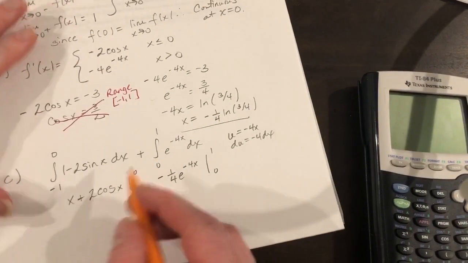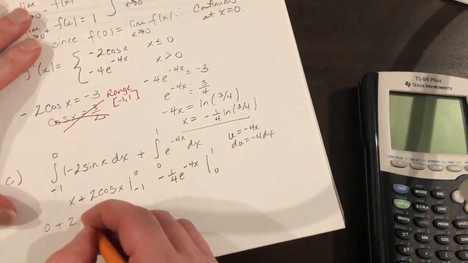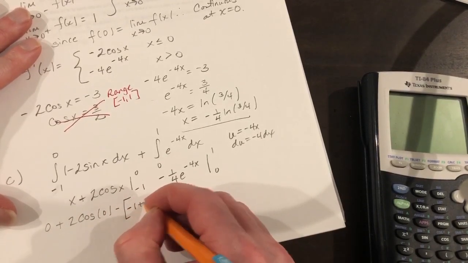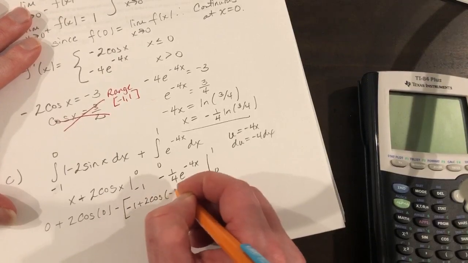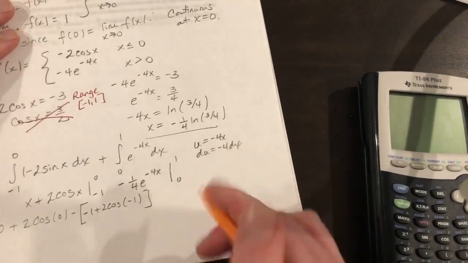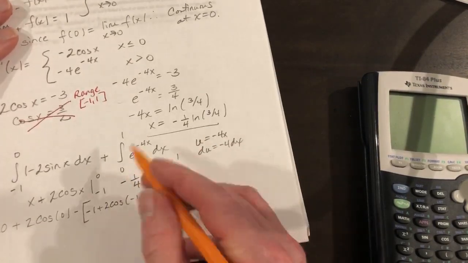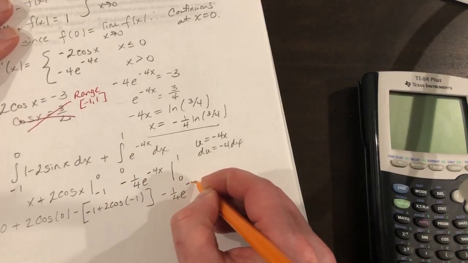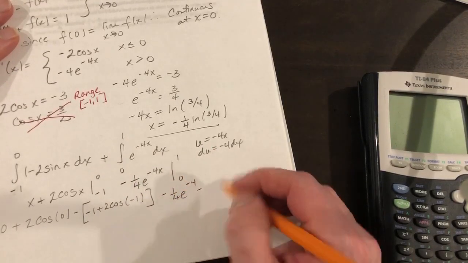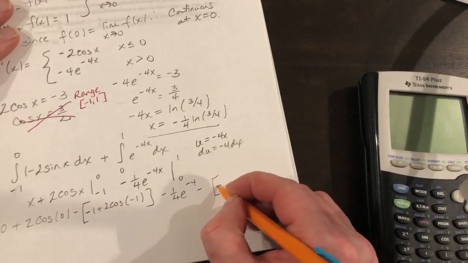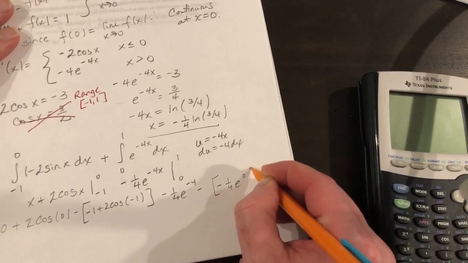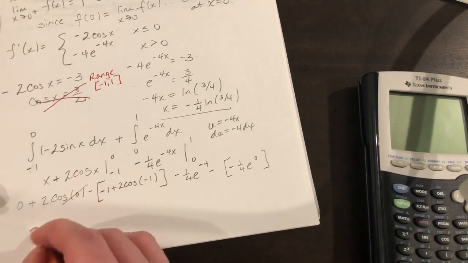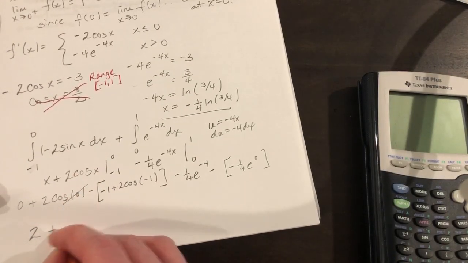So we get 0 plus 2 cosine of 0 minus a negative 1 plus 2 cosine of a negative 1. And then negative 1/4 e to the negative 4 minus negative 1/4 e to the 0. Okay, cosine of 0 is 1, plus 1.